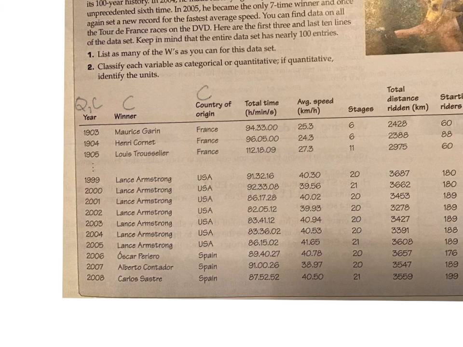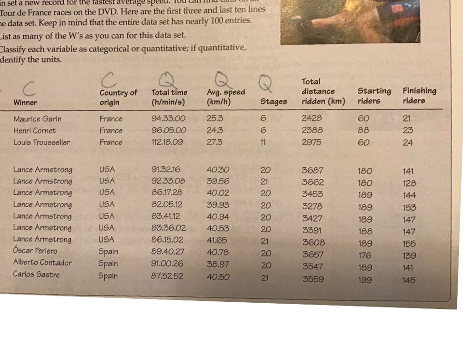Total time. Time has units, so time is quantitative. Average speed. Speed has units. It is quantitative. Stages. Stages is actually counted, so since it is counted, it is quantitative. It is an amount. Next is total distance ridden.